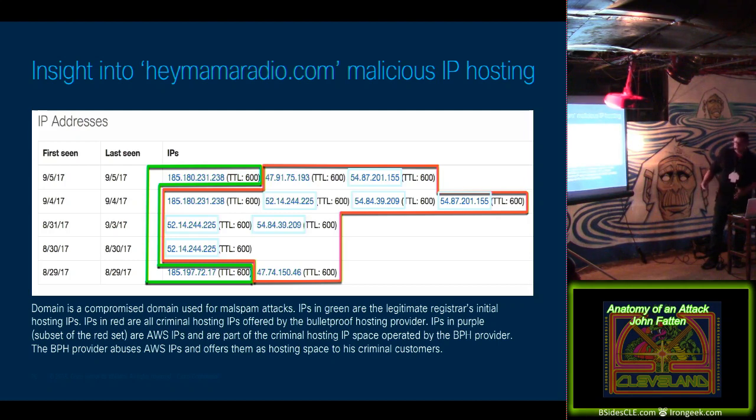Right, and then it went back, essentially, to its original registrant. So this is just some information about what's occurring. And if we were only looking at the 52, we wouldn't see really everything.